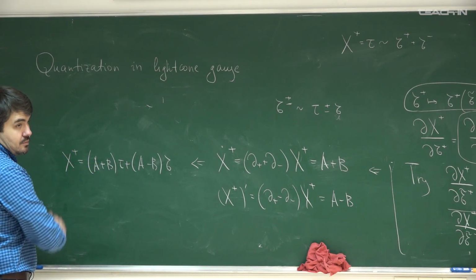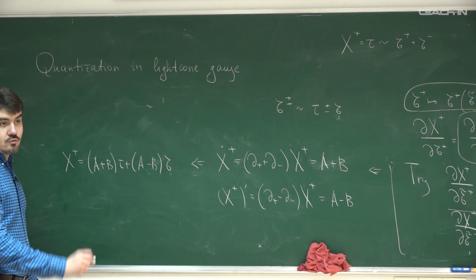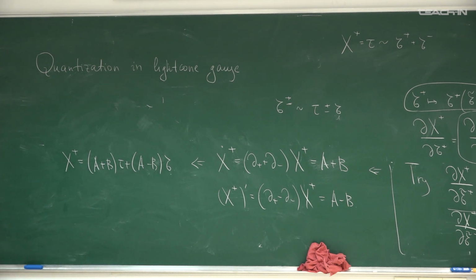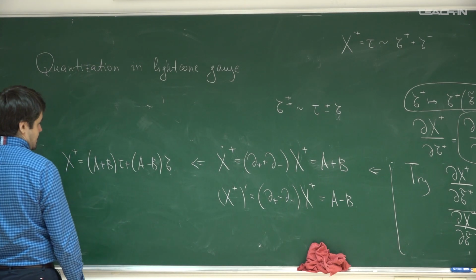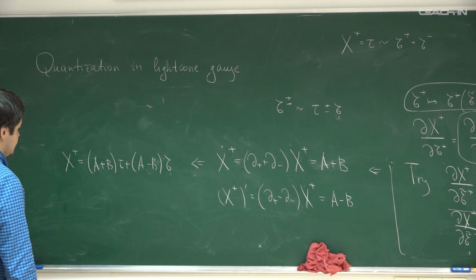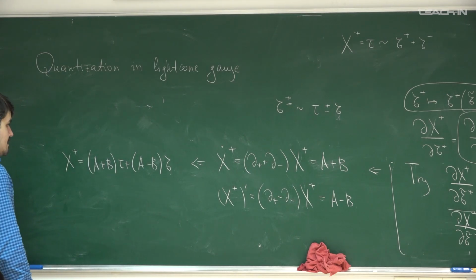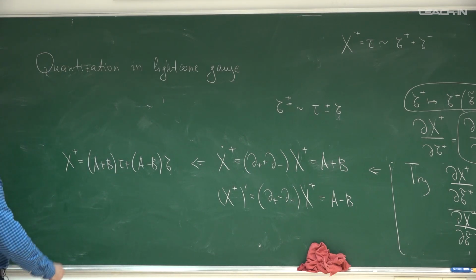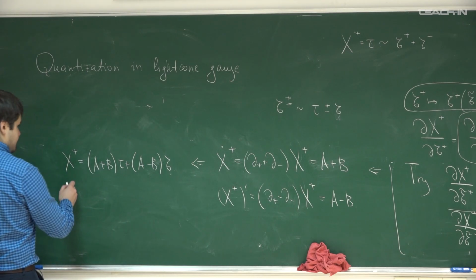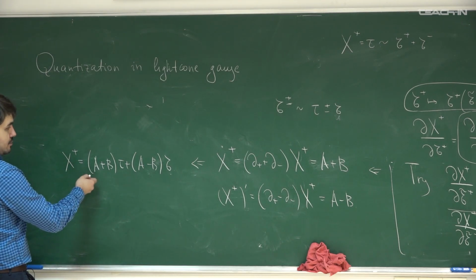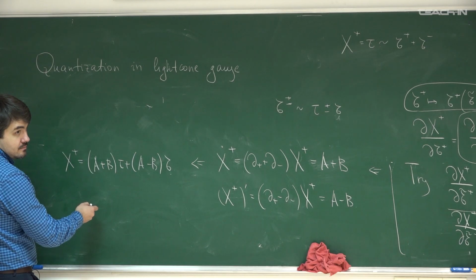So x plus has to be periodic also, because let's assume we're dealing with the closed case. With the open case you can somehow deal accordingly, well, the open case will not really differ. So in the periodic case, x plus has to be periodic, so A has to be equal to B, right?